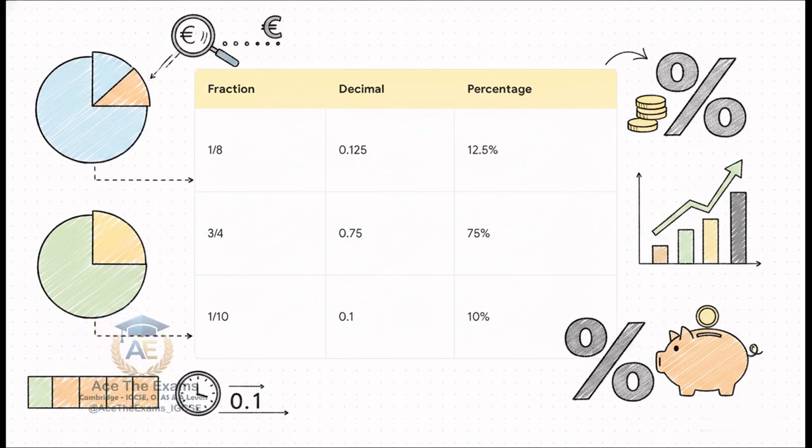It's a seamless translation. 3/4 becomes 0.75, which is exactly 75%. 1/10 is 0.1, which is 10%.